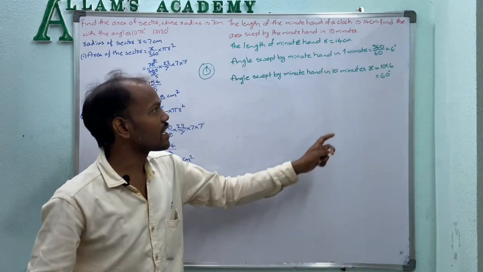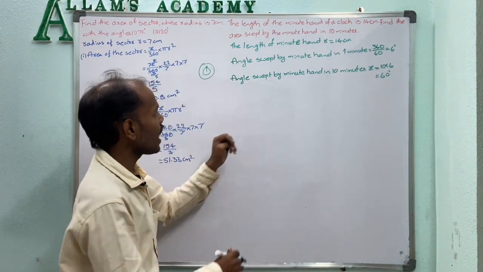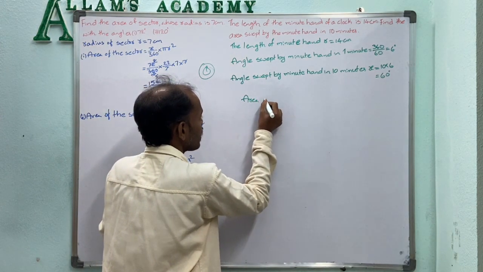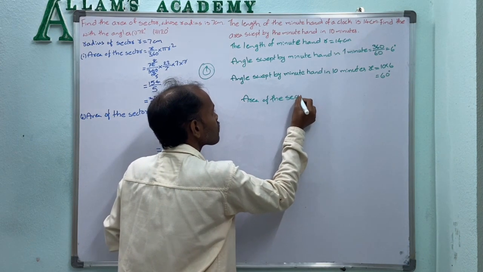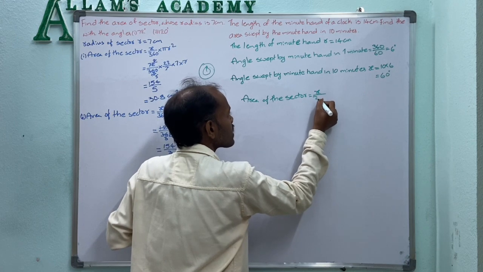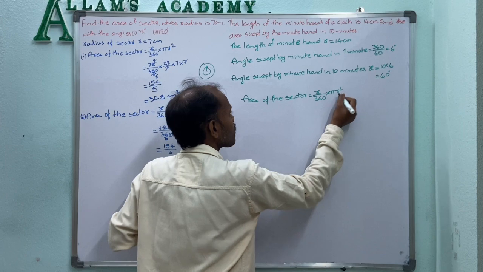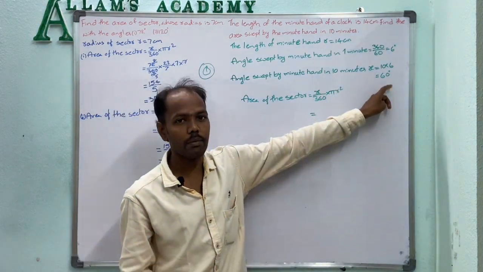So it will make a 60 degree angle. Now finding the area of the sector. So the area of the sector equals x by 360 into pi r square. So now here the angle x is nothing but 60.